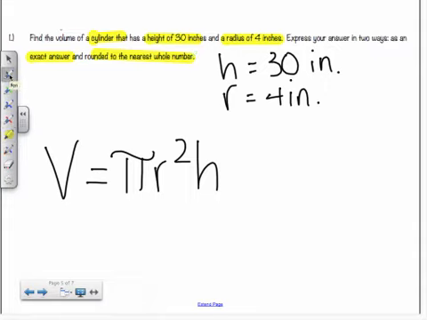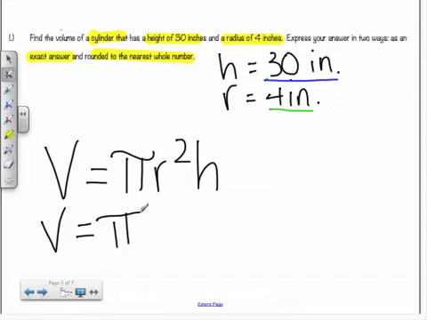So let's go ahead and plug our information in. I know the radius is 4 inches, and I know that the height is 30 inches. So I'm just literally going to plug it into my formula. So volume equals pi times r, which is 4 squared, times h, which is 30.